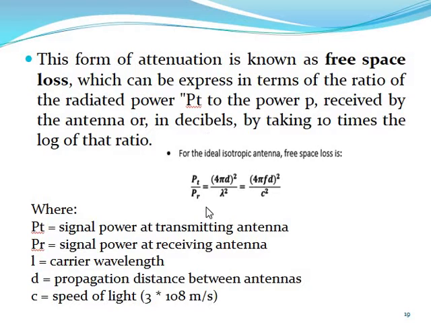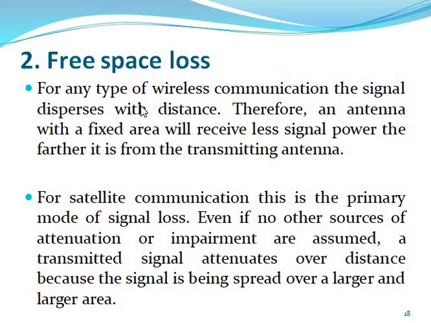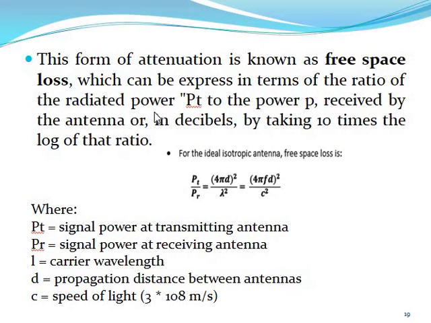The equation is Pt upon Pr equals (4πd)² upon λ², which is also equal to one over frequency terms. Here Pt is the signal power at the transmitting antenna, and Pr is the signal power at the receiving antenna. Then λ is the wavelength of the propagation mode, and c means the speed of light. You can calculate the loss of the signal or the free space loss of the signal.